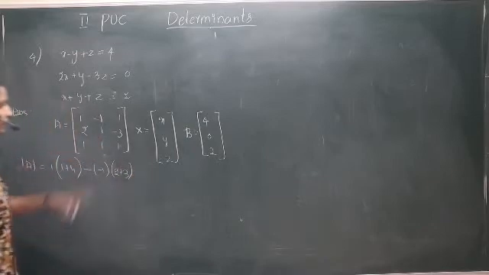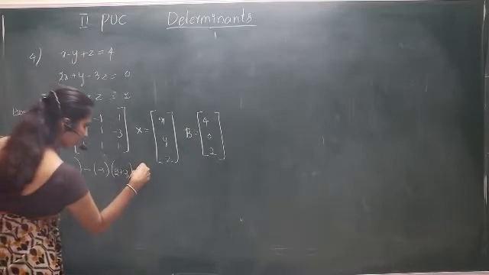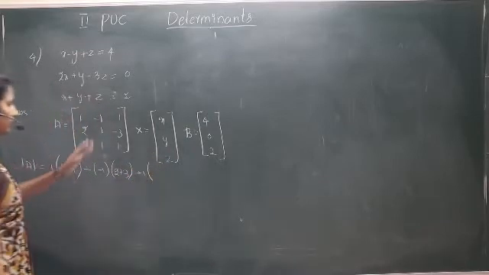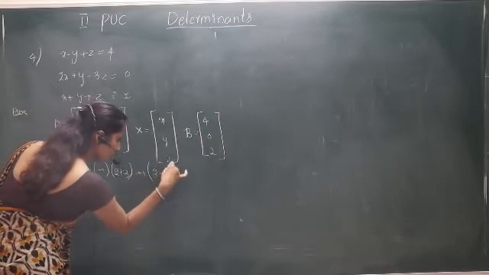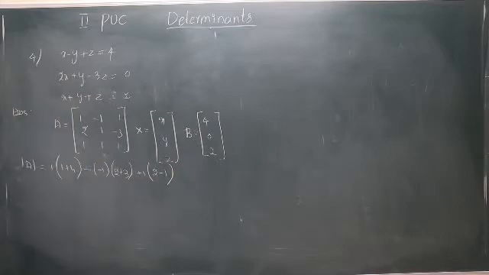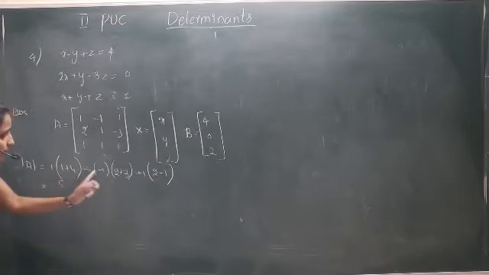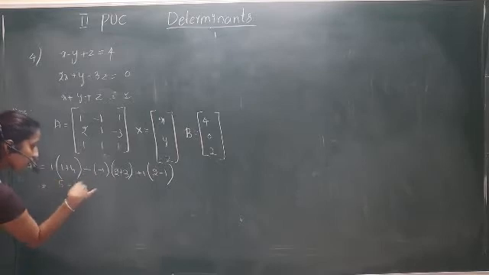Then plus 1 into (2 minus 1). So here it will be 5, here it is also 5, then that will be 1.